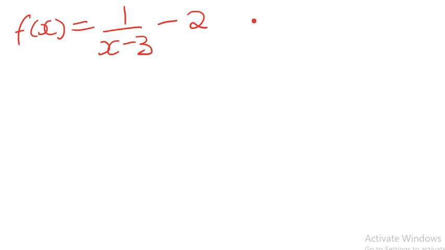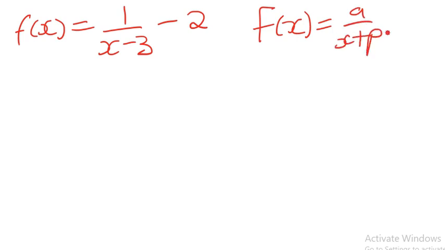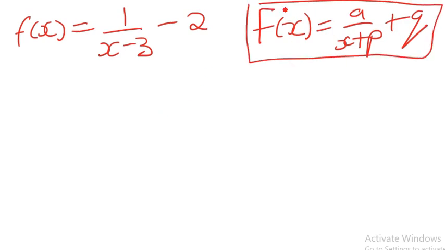The standard form is a over x plus p plus q. To get your asymptote, you say x plus p, equate this to 0 and then solve for x.